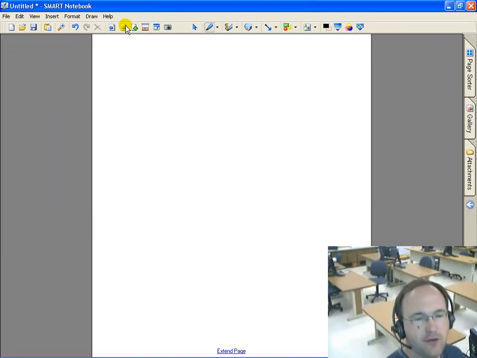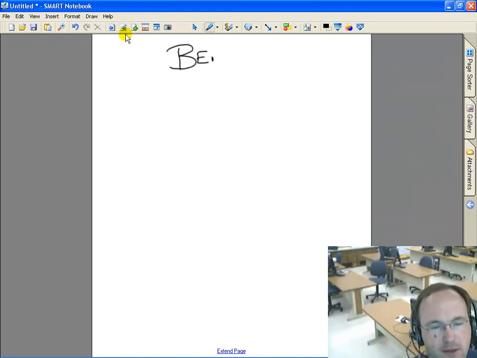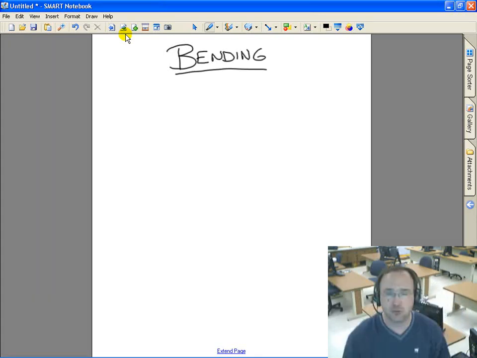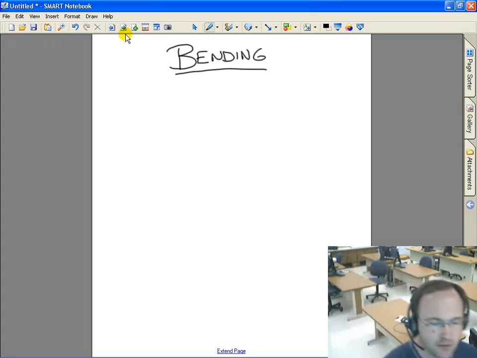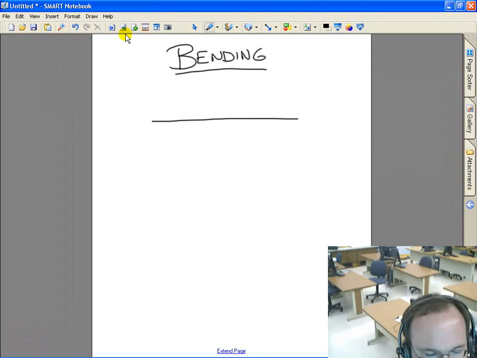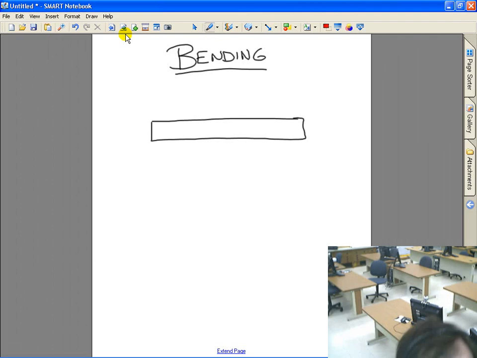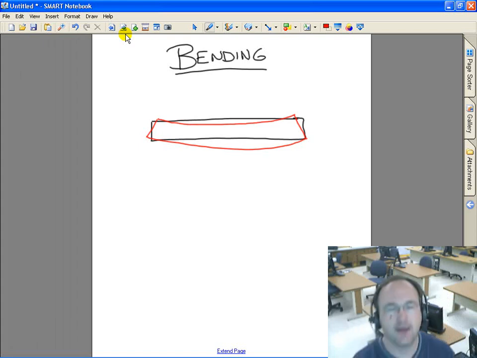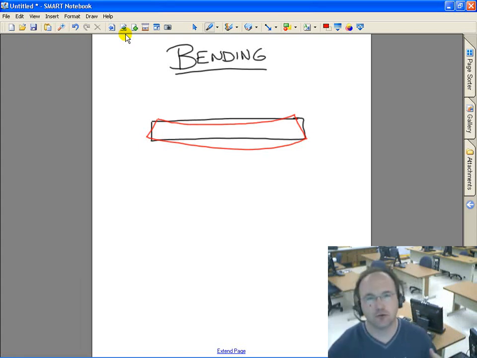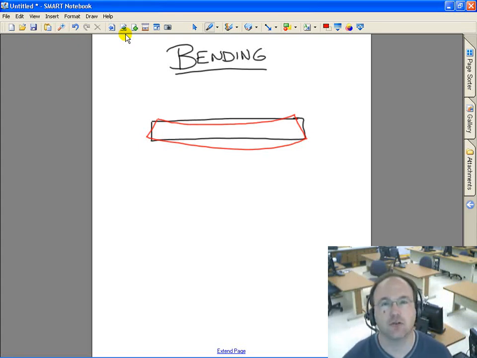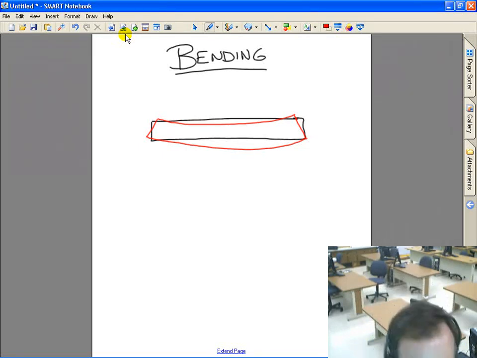The third type of stress is a bending stress. And we're going to cover this much more in detail later on. But in effect, if we have a beam and we bend it, the way it bends is in order to produce an internal moment equal in magnitude and opposite in direction of the externally applied moment.